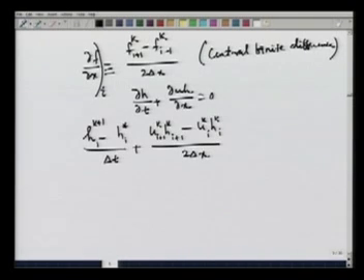I substitute the spatial derivative here, and as we discussed, the time derivative here will be equal to 0.